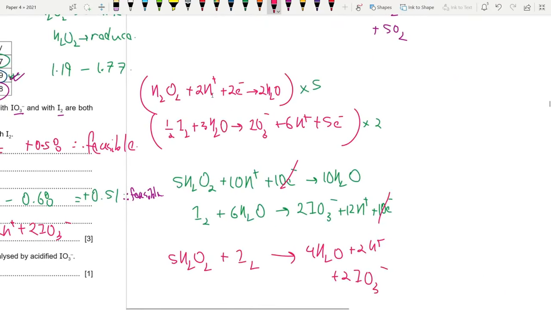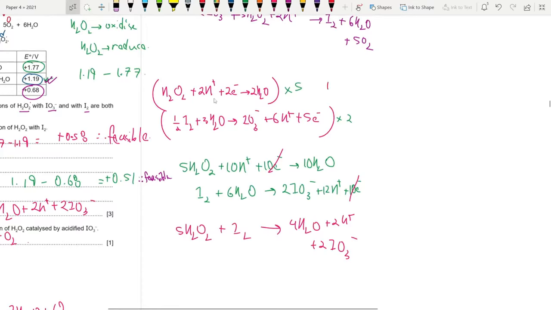As you can see, I have the equations here. Look at the pink ones. Hydrogen peroxide into 5, iodine into 2. This is plus 1.77 and this is the oxidation potential, so it's minus 1.19. If you add up both the left and right hand side, you can get rid of 10 electrons on each side. You end up with 5H2O2 plus iodine.